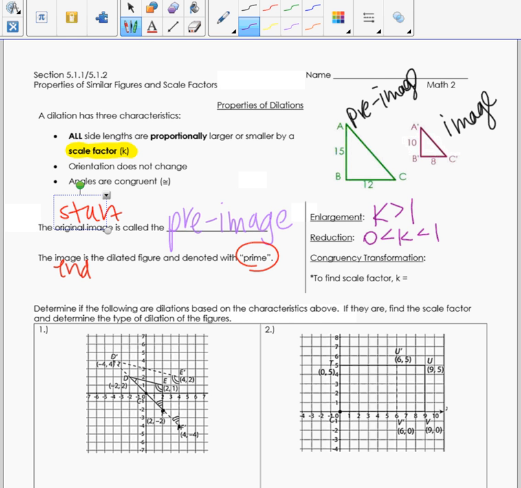So we're just focusing on positive. It's either going to get bigger if K is bigger than 1, smaller if it's between 0 and 1, and then if you have a congruency transformation, then K is equal to 1. You don't see this a lot. It literally just means that your shape isn't changing size. It's kind of silly, like you wouldn't do a dilation where it doesn't change size, but there is technically a name for it.